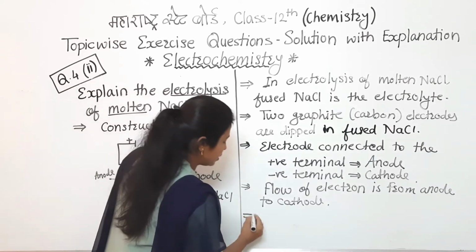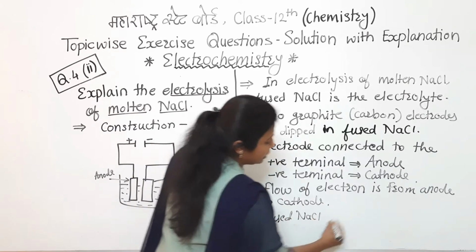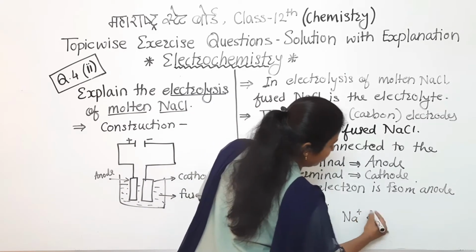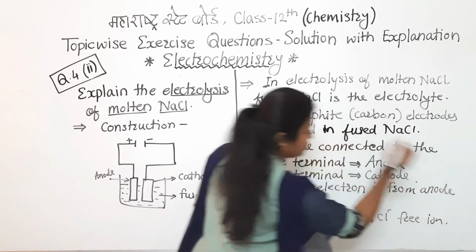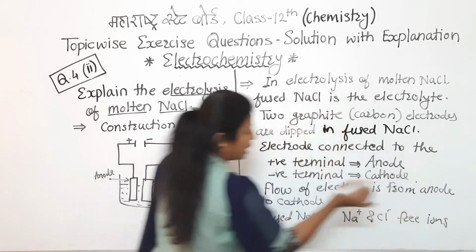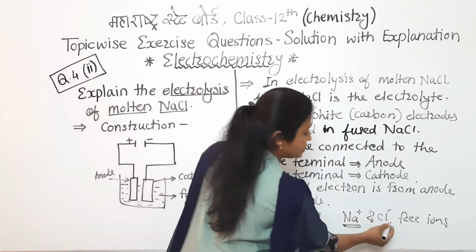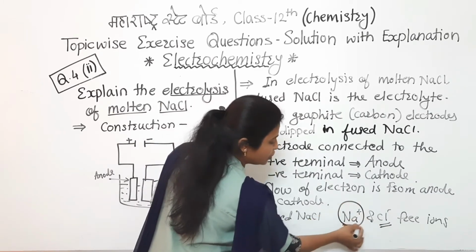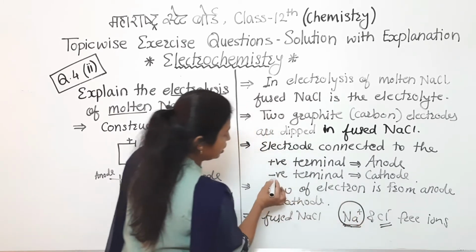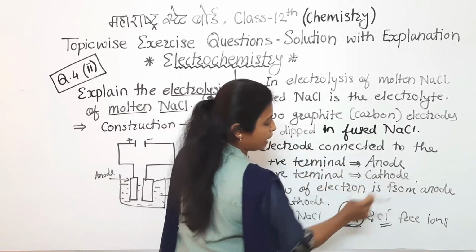So if we consider that fused NaCl, it contains free Na+ and Cl- ions. ठीक है, ये तो हो गया। Sodium is positively charged and Cl is negatively charged. So these positively charged ions will move towards the negative terminal connected electrode, means towards the cathode.